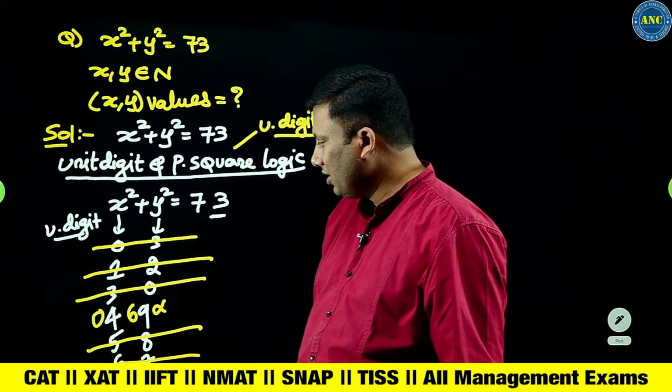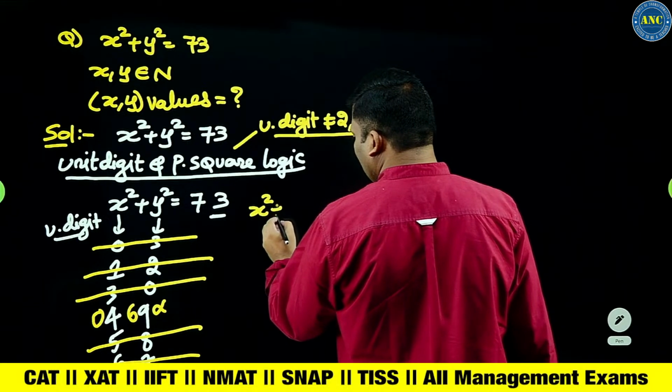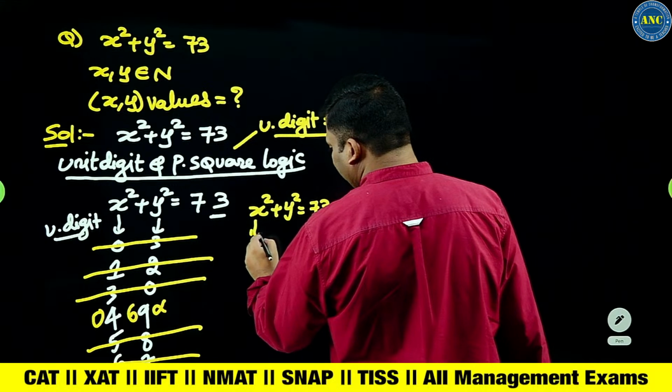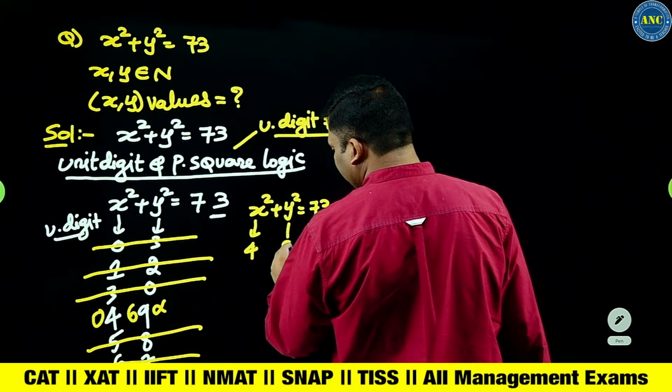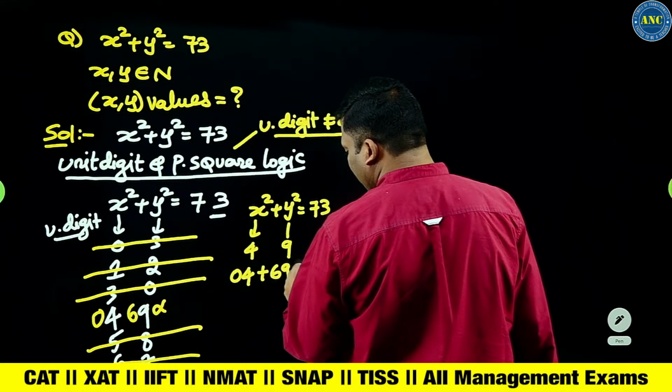Are you all with me? So x square plus y square is equivalent to 73. Here you got 4, here you got 9. 4 plus 69, not possible.